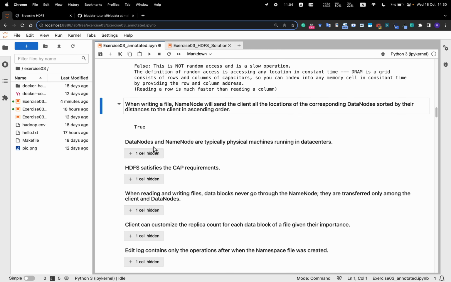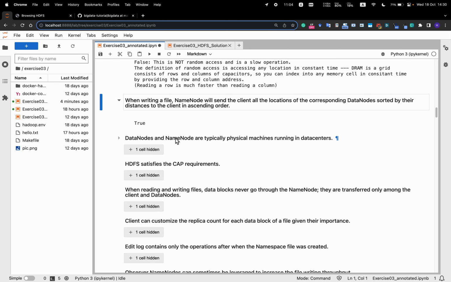Whenever you want to read or write, in this case write a file, the name node will send a list of locations of the replicas of that block, and then you pick the data node at the top of the list.